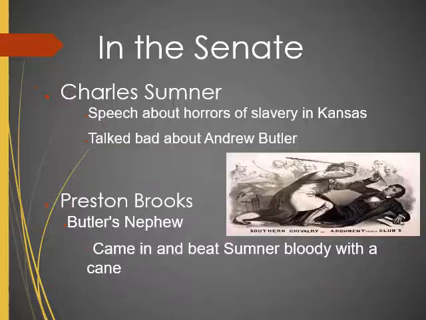Okay, and so what was happening is each side was totally terrorizing each other and making it really, really hard to live. But the battle wasn't just happening in the streets and in the towns. It was also happening in the Senate. There was a longtime senator named Charles Sumner, and he gave a big, rousing, impassioned speech, where he talked about the horrors of slavery and how bad slavery was and how Kansas was a perfect example of it.